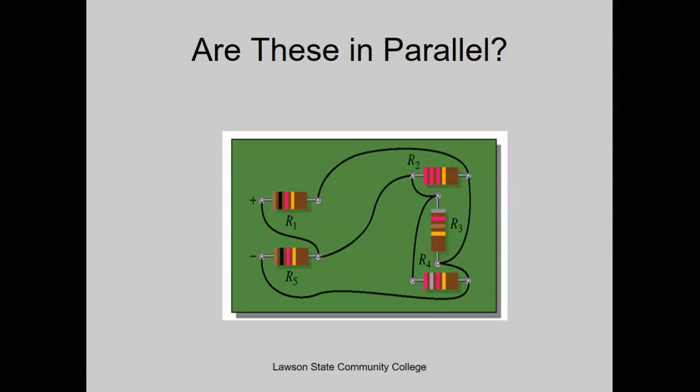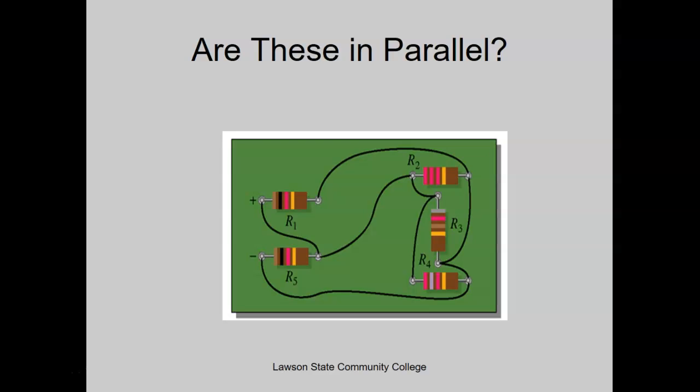Okay. So this should look familiar. We had something similar in series. Let's look and see if each resistor creates its own path or if we are in series circuit instead of parallel. So from the positive side, we can trace this to each resistor and to only one side of each resistor.